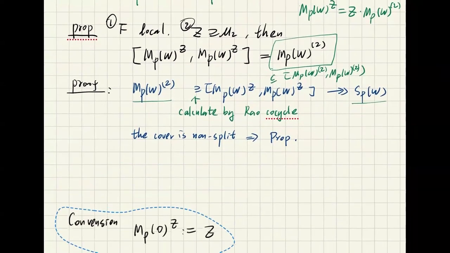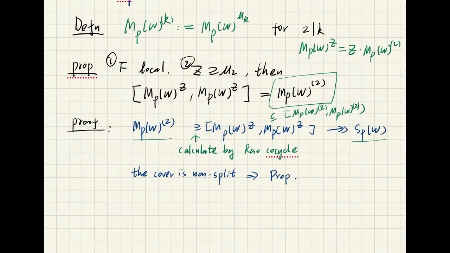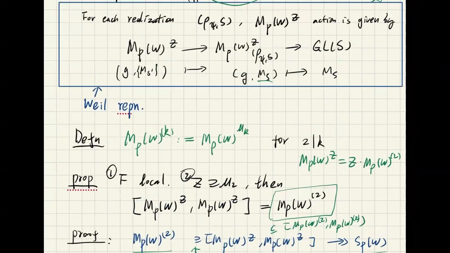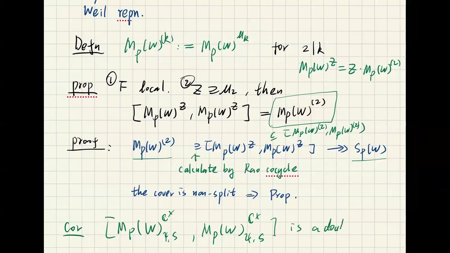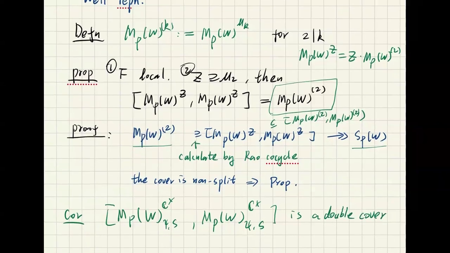So this proposition gives you another way to define the metaplectic group. You have this full metaplectic group, for any realization, and then you consider the commutator. The claim is that this is a double cover of SPW.